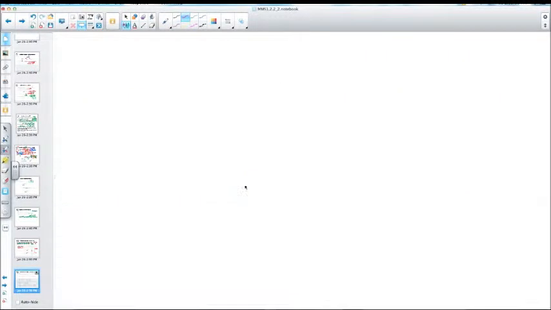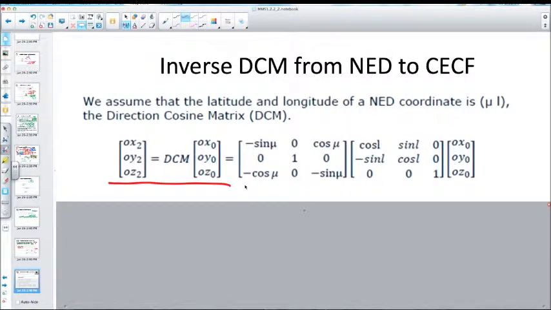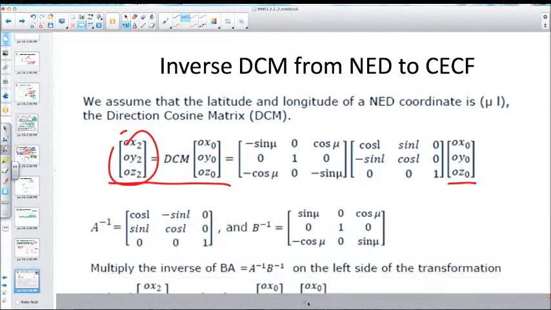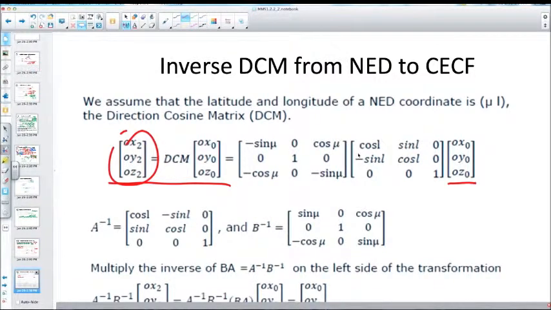If you look at your notes, you're going to see this is the DCM. You start from the global coordinate, you end up with the local coordinate. So for the inverse, you need to find the inverse of this A.